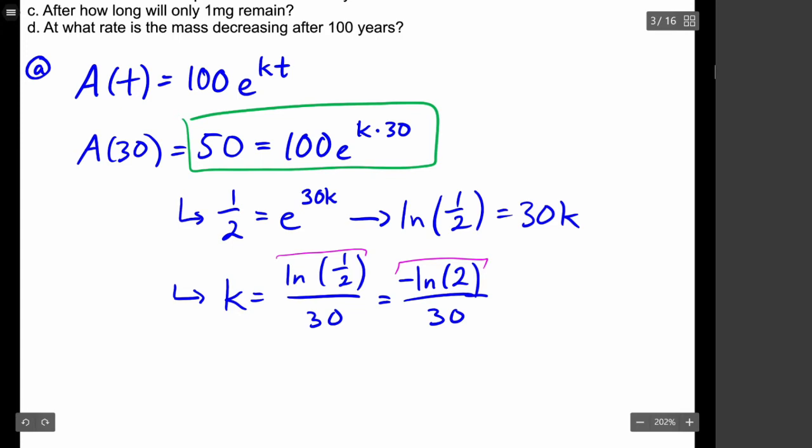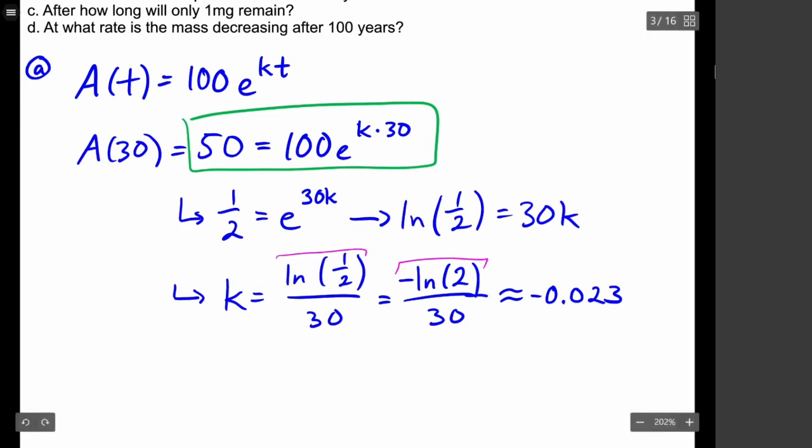All right, so let's go ahead and compute this. So ln of 1/2 divided by 30, and this is approximately negative 0.023. So think about what we're looking at here.